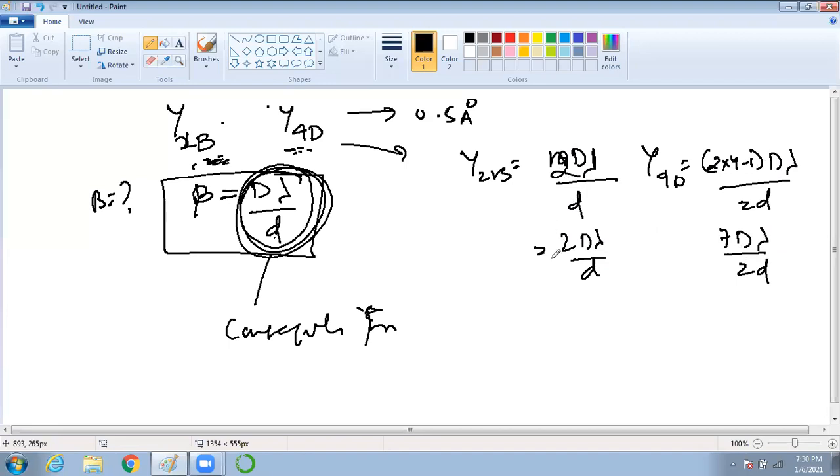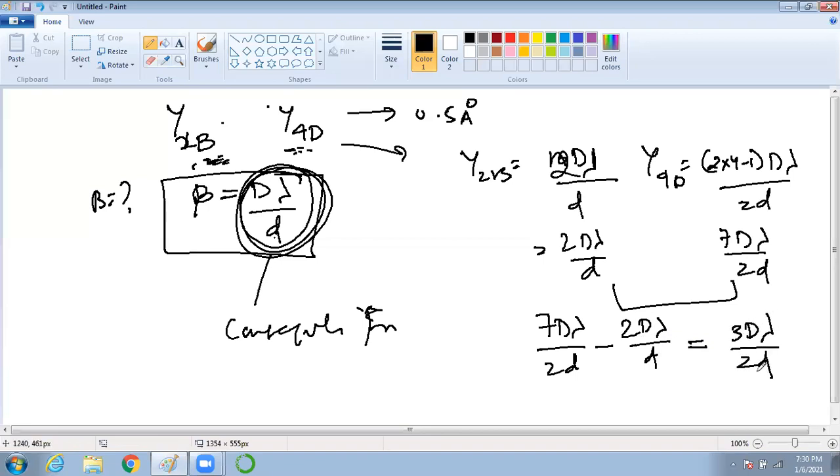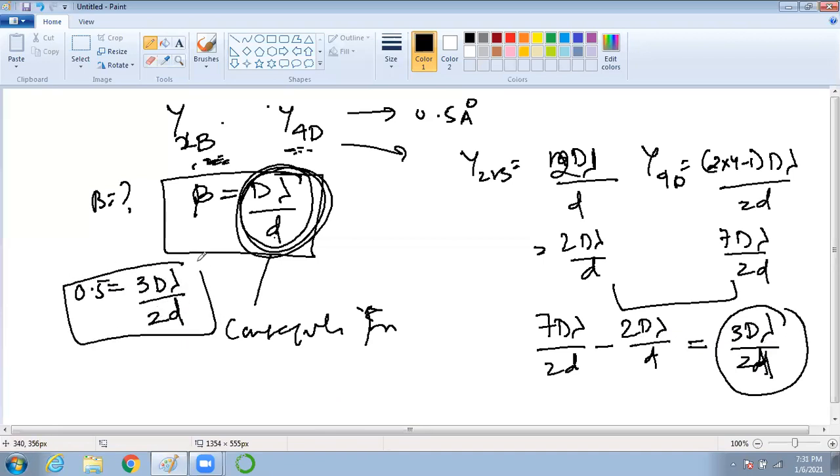Clear? Now find the distance. The distance will be 7 d lambda by 2d minus 2 d lambda by d. If you subtract, you will get 3 d lambda by 2d. So 0.5 is equal to 3 d lambda by 2d.